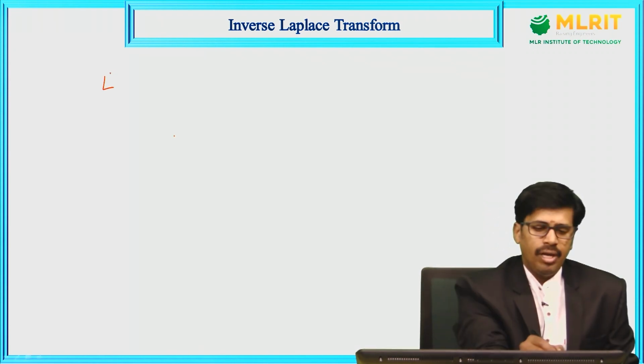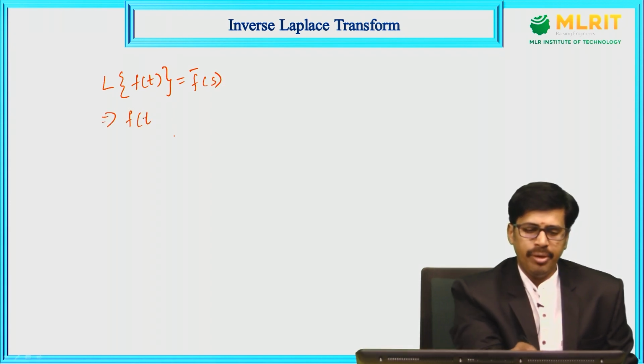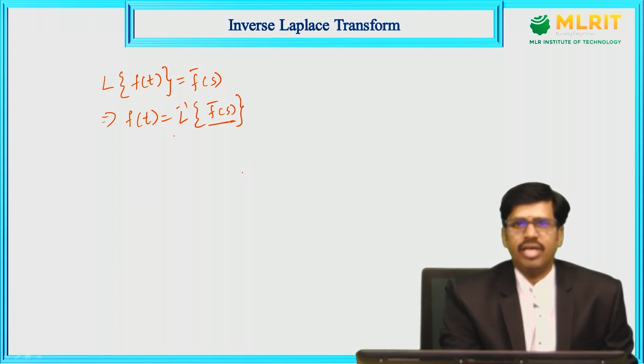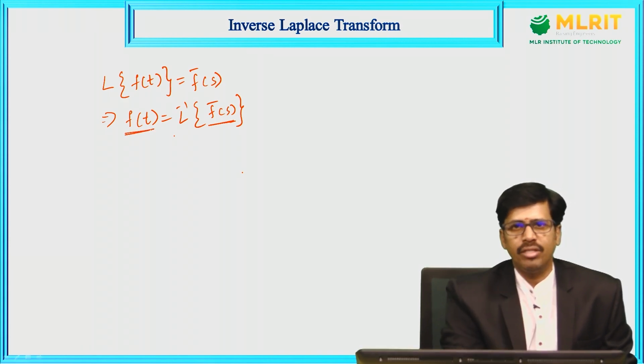We know that Laplace transform of f of t is f bar of s. This can be written as f of t means L inverse of f bar of s. So, f bar of s is in the frequency domain, we apply L inverse, we get the function in the t domain, that is time domain.